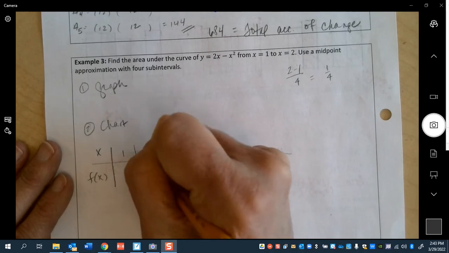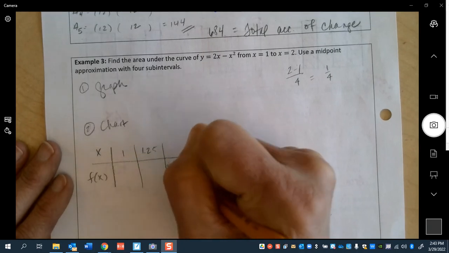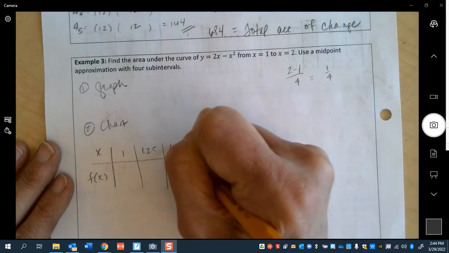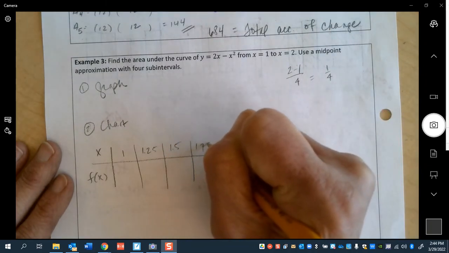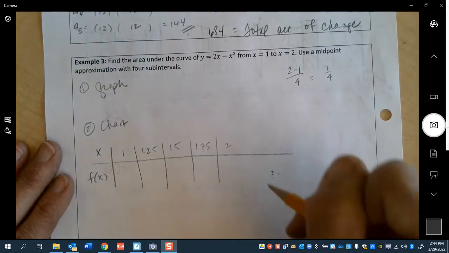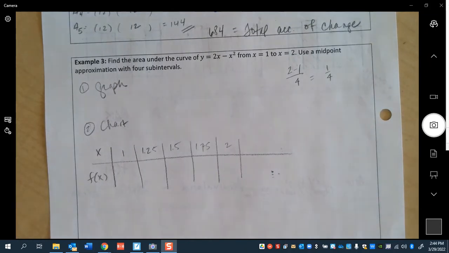So 1, 1.25, did I do that right? 1.5, 1.75 to 2. So that's going to be what you're looking for.